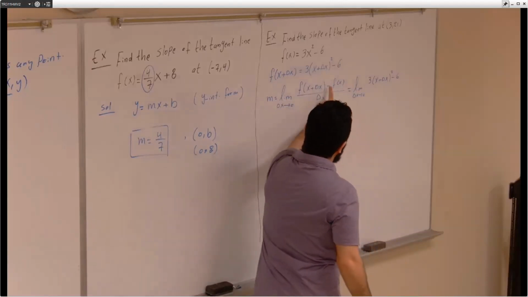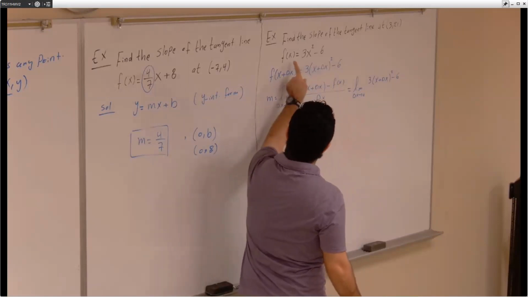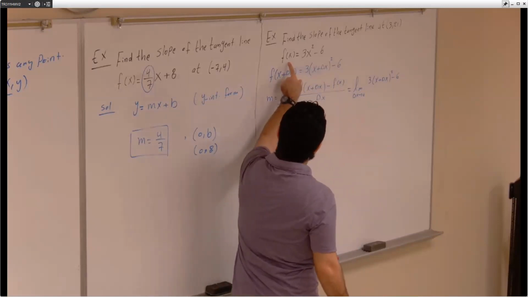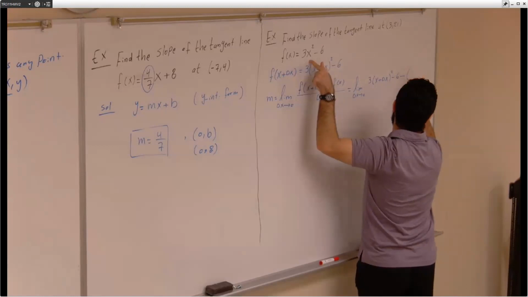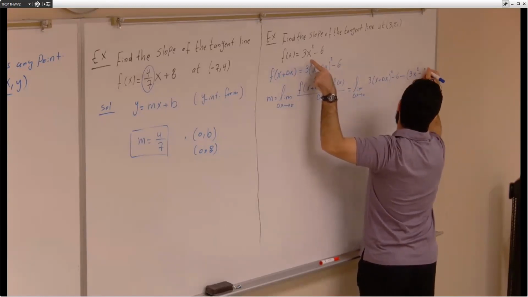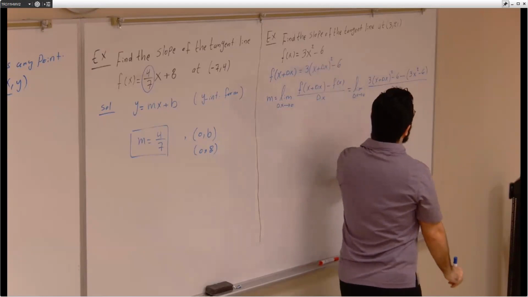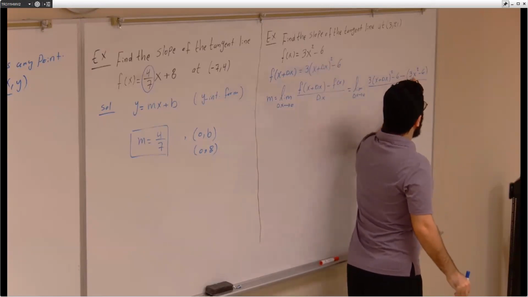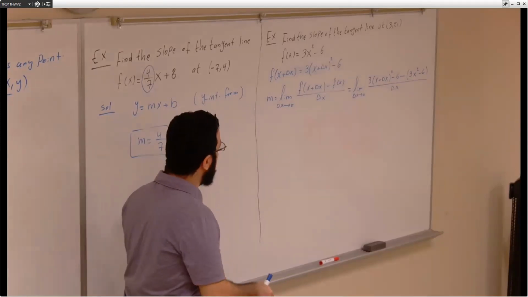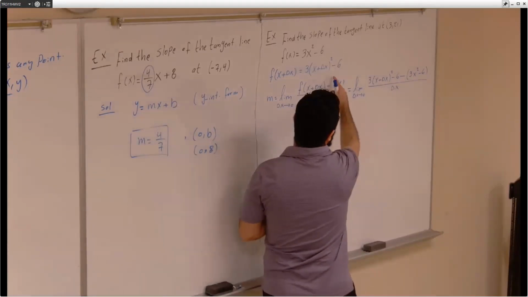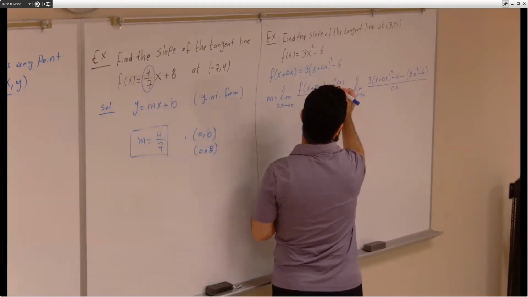Then I have minus f of x, which is 3x squared minus 6. If you're not putting the parentheses, you're going to get something wrong here because you're going to distribute the negative sign on both of these two terms. So be careful. Put the second part, like here, always with parentheses.